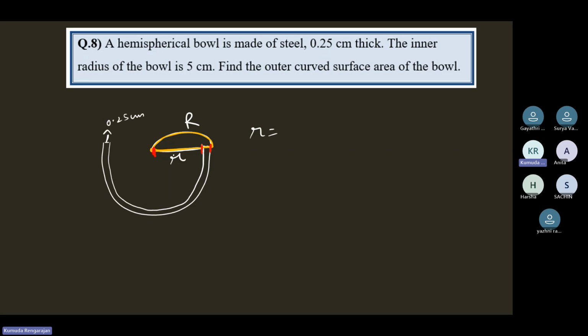So capital R is equal to small r plus the thickness.